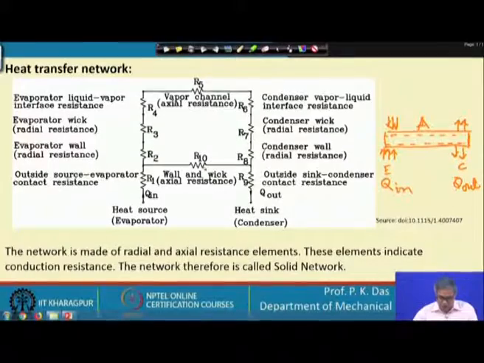Depending on how much accuracy you need, you will have different kinds of network models.